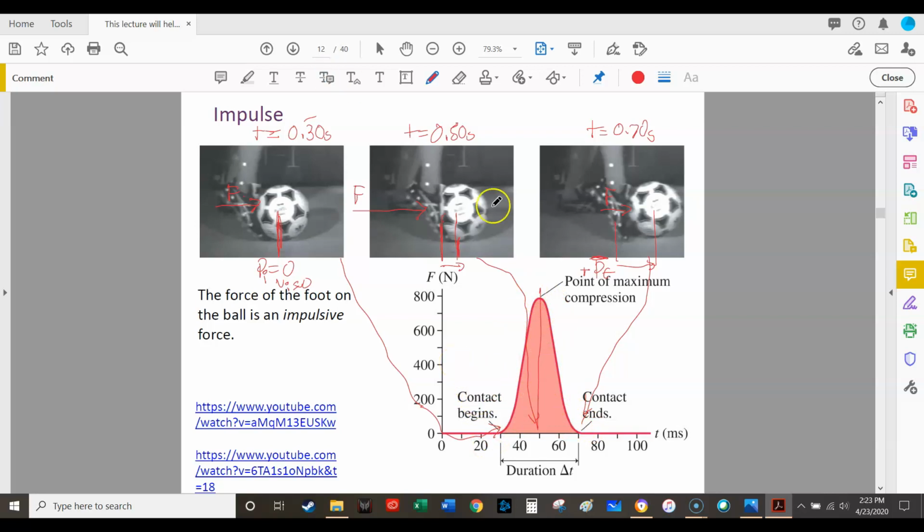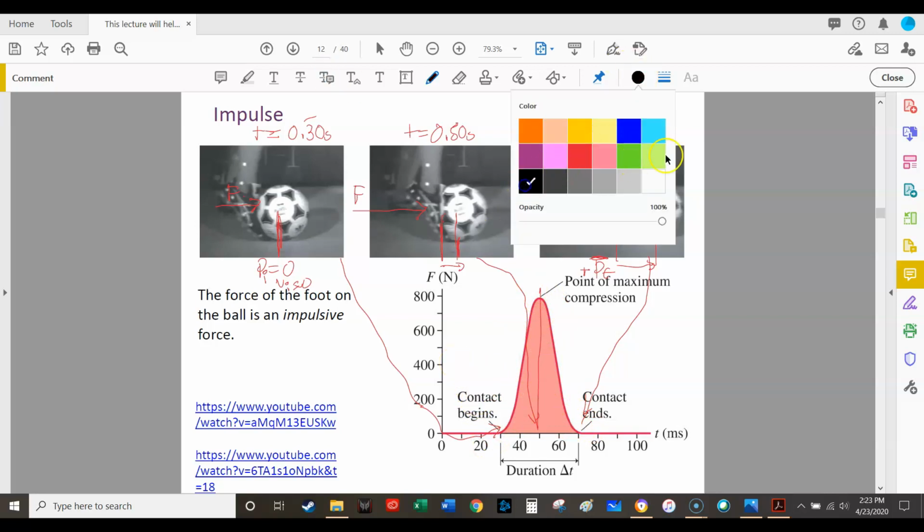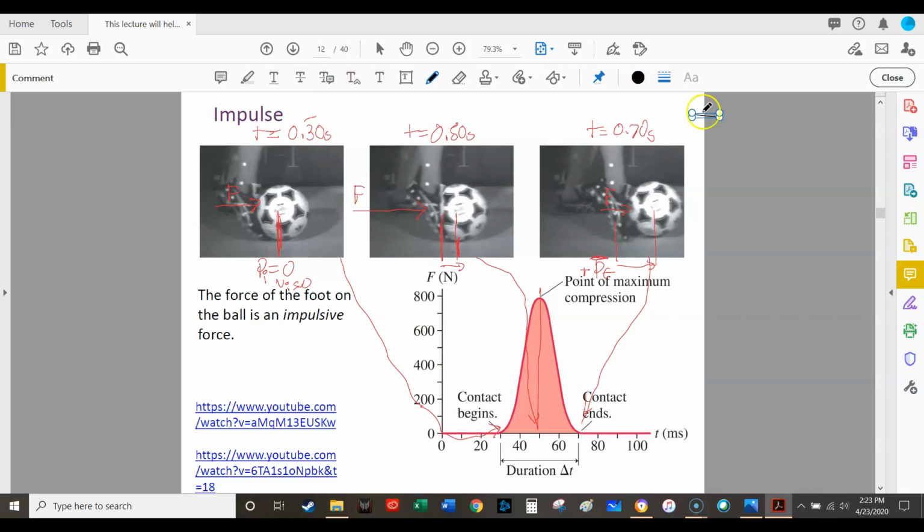Well, we've done calculus before, all right? And so what we have learned is that if you integrate a force over a period of time, an integral is the area under the curve, right?